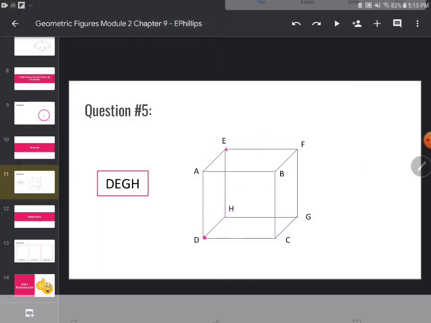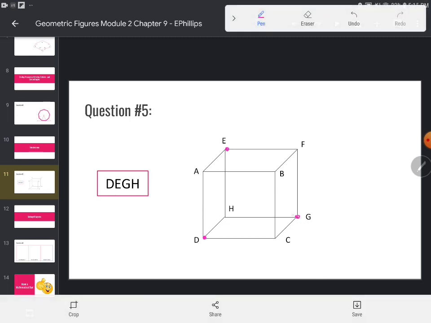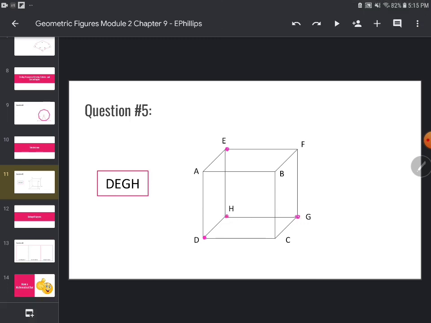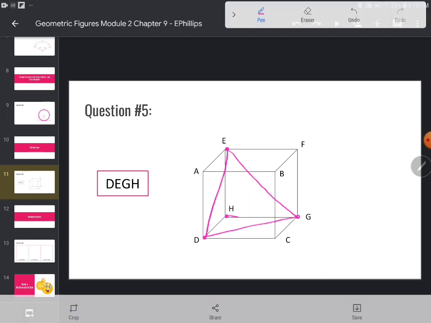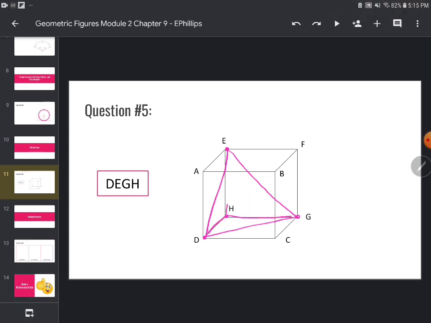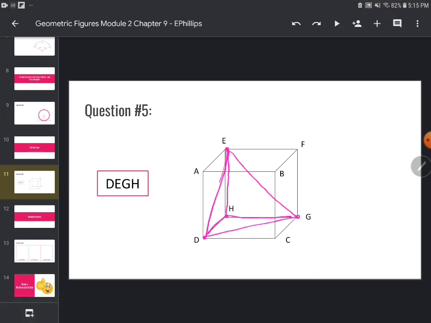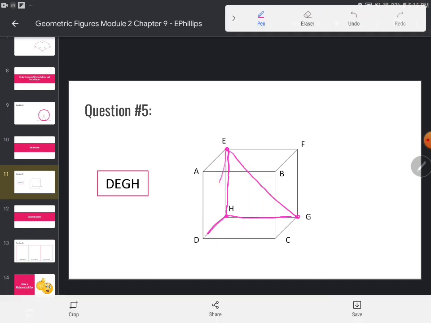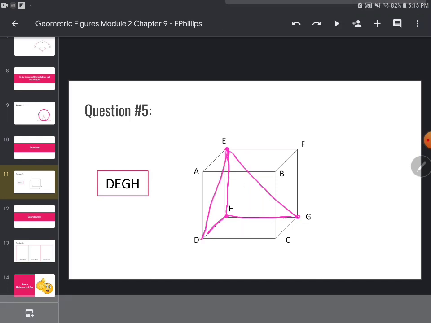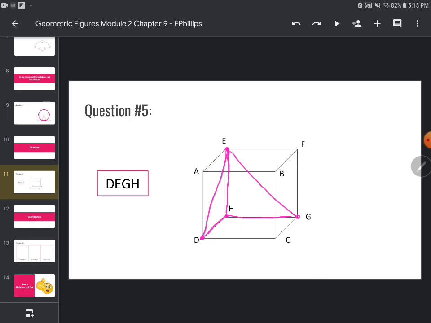We have E here. G here. H here. So we should have a tetrahedron that goes through the side of each square over there, like that. And that's what our tetrahedron would look like. All you do is connect the points and eventually get a shape like that. And that's actually what a tetrahedron is meant to look like.